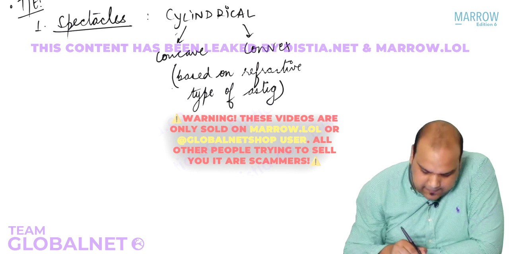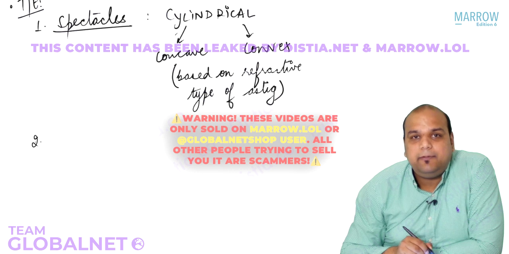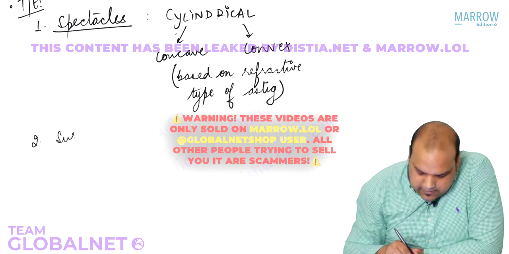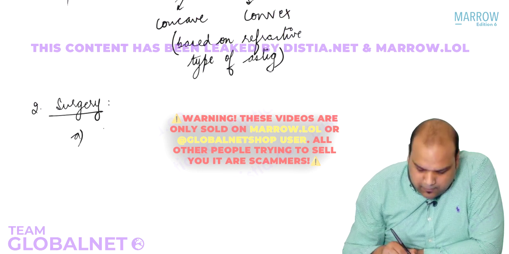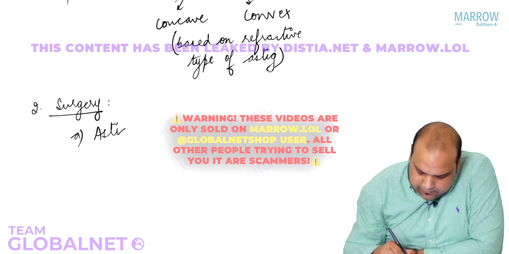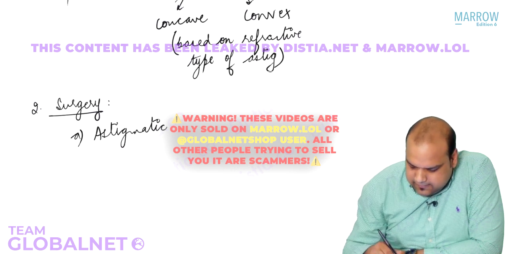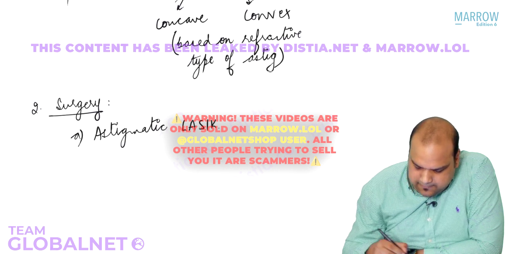Okay. Now, apart from spectacles, what can be done, everybody? Surgeries can be done. If surgery is done, what surgery is being done, everybody? The most commonly done surgery is called astigmatic LASIK. LASIK done for astigmatism.